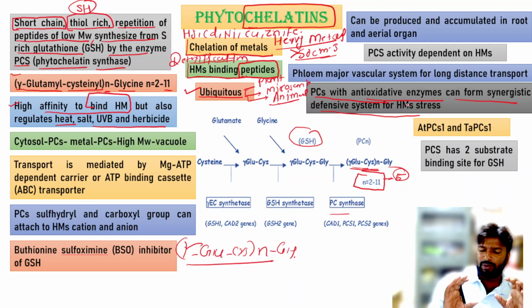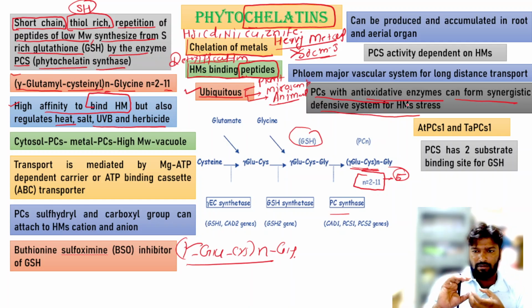So these phytochelatins show a synergistic response with the antioxidant enzymes and improve the defensive system of the plant, and also regulate stresses like heat, salt, ultraviolet and herbicide resistance.